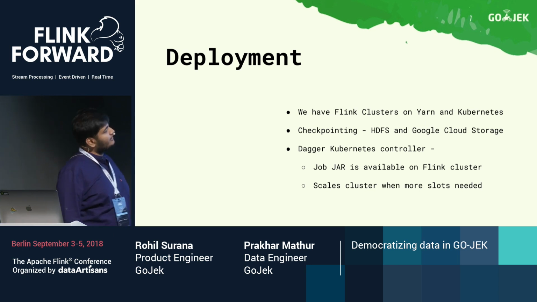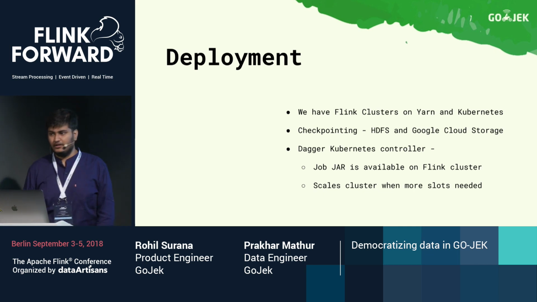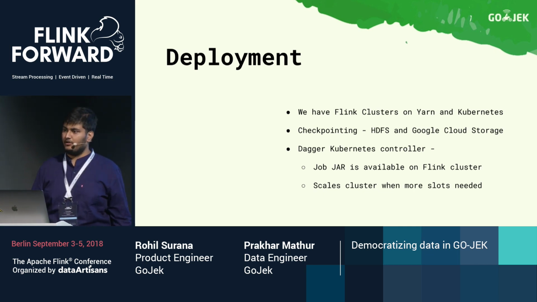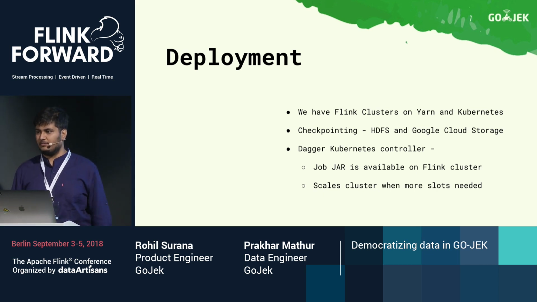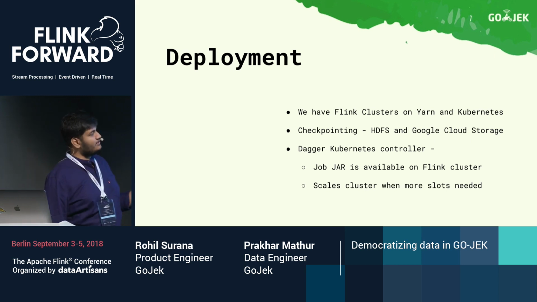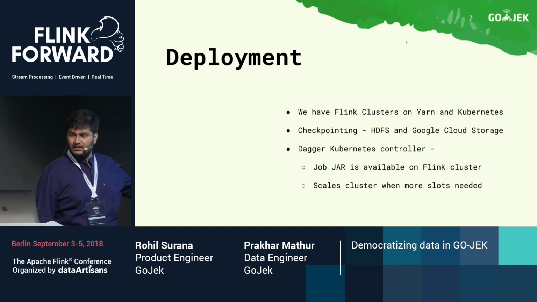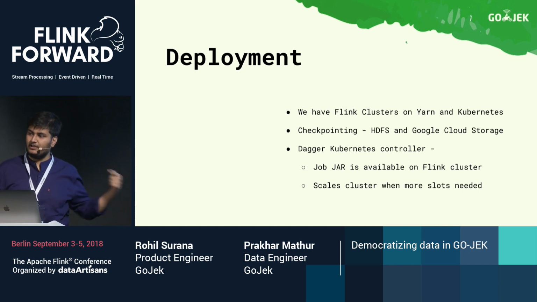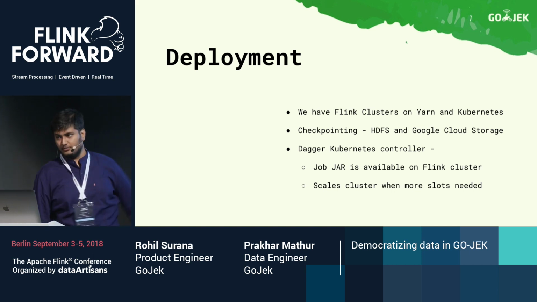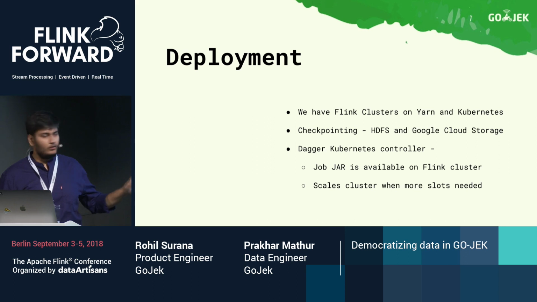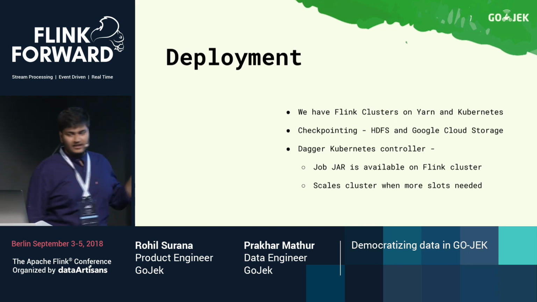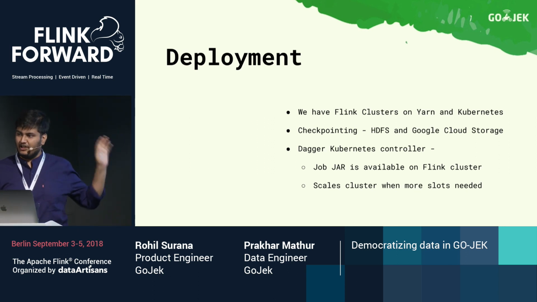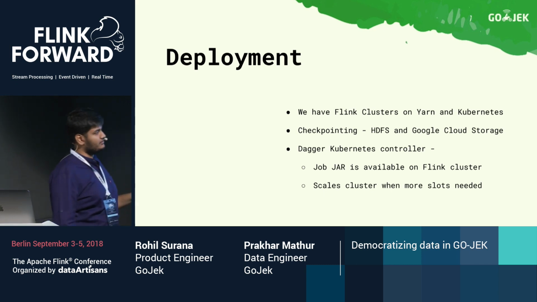So we wrote a small Kubernetes controller that looks into whether the container is killed or the pod is deleted. Then once it comes up, it keeps polling till the REST API comes up and uploads the Dagger jar onto it. So this makes the jar available all the time on the Flink clusters.